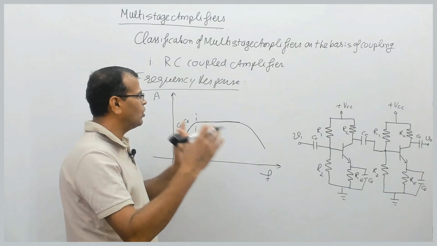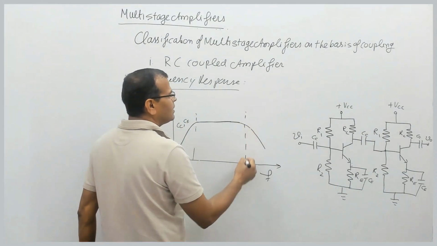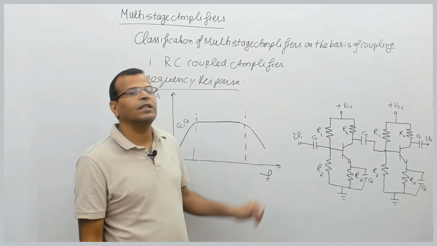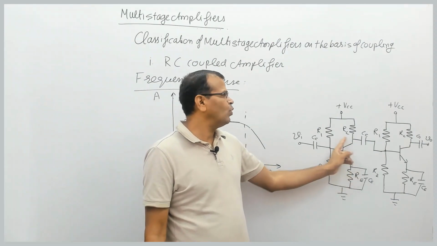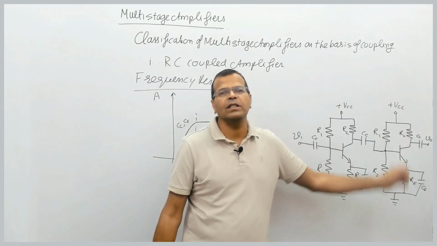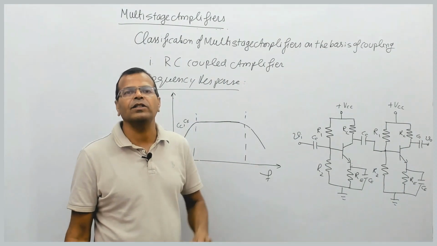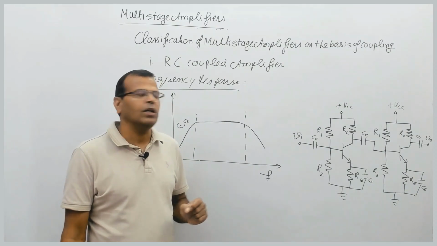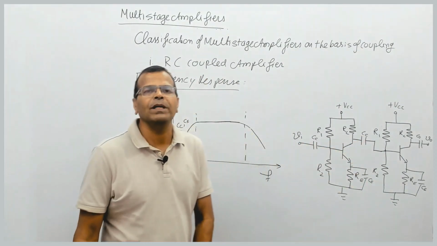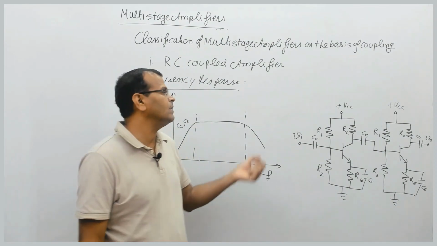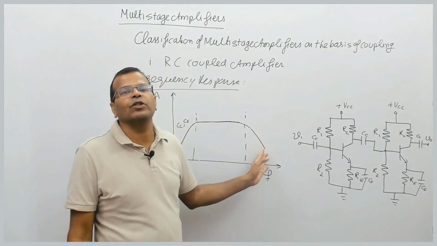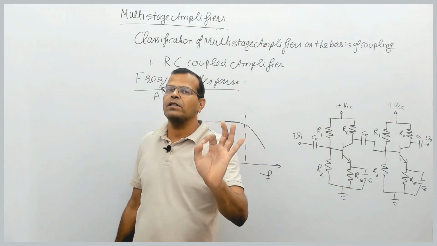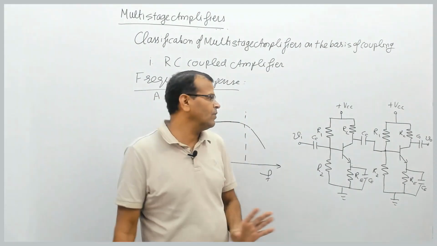But at high frequencies, the gain of the amplifier is determined by the internal capacitances of the BJT: the capacitance of the collector junction, the capacitance of the emitter junction, the lead capacitances, and so on. Basically those are parasitic capacitances. The gain at high frequency, or the frequency response at high frequencies, is determined by the parasitic capacitances of the BJT, which are nothing but junction capacitances of the BJT.